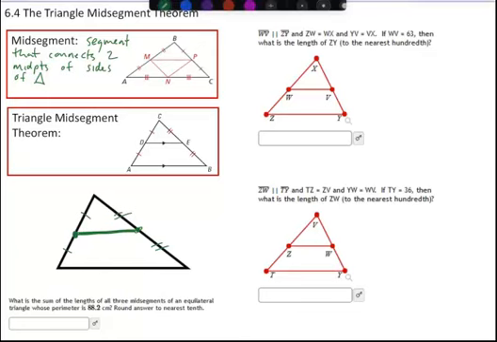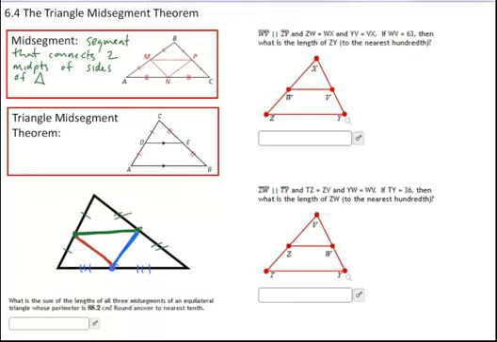Now, if we do the same thing from a different perspective, let's say we take this point right here and mark it as the midpoint. This is also a midsegment. And any segment that connects two midpoints in a triangle is considered a midsegment. Okay, so that's just the definition of it.